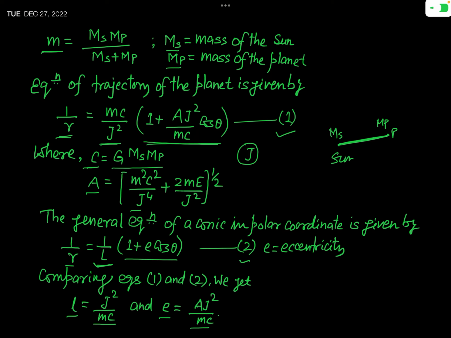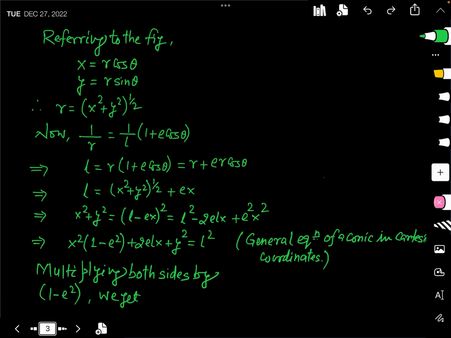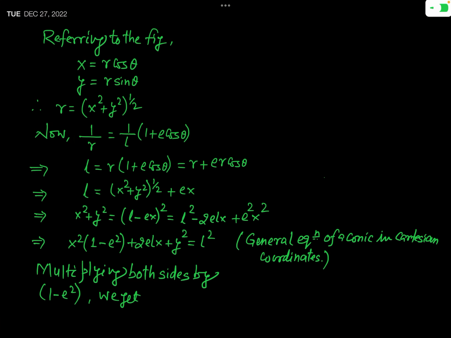So you can easily say that equation 1 is the same as equation 2. Now we will first reduce this equation of a conic in polar coordinates to Cartesian coordinates, and then you will see that this equation changes into the standard equation of an ellipse.